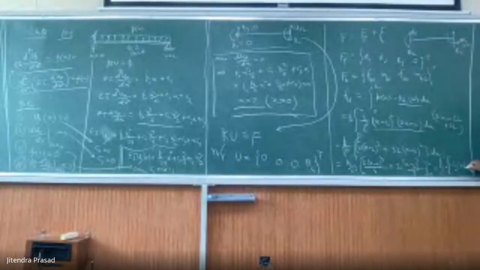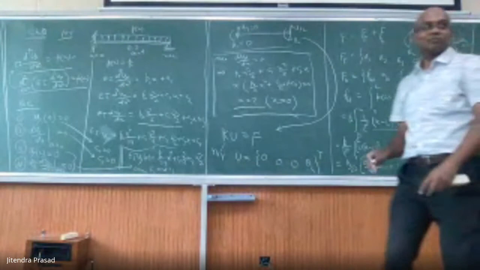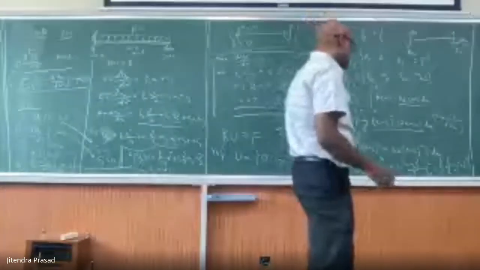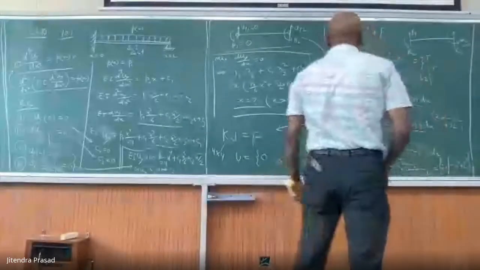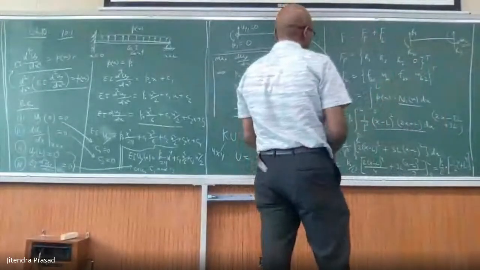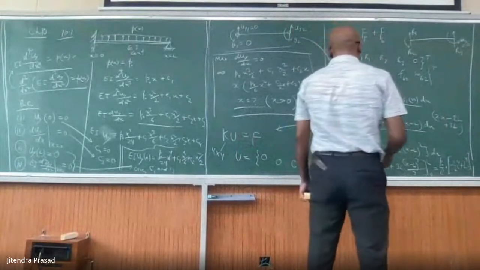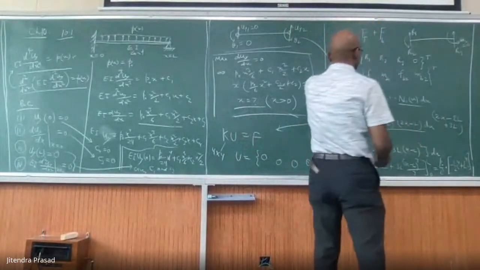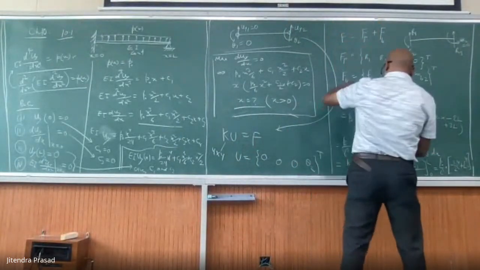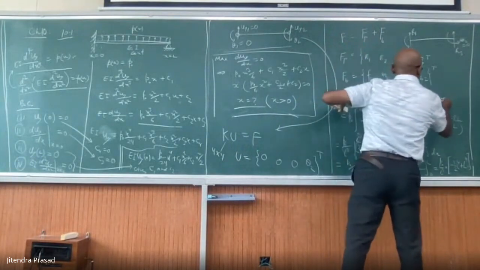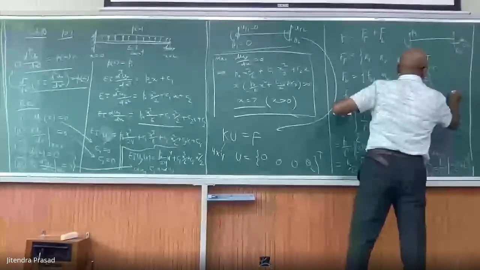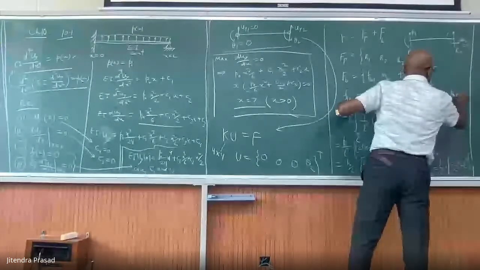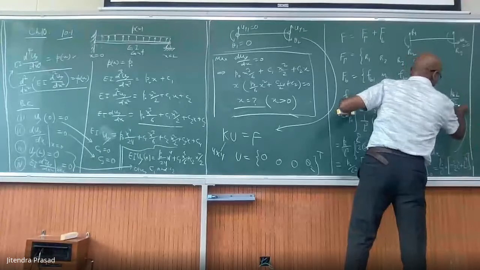Should be L4 only, otherwise we want half, right? So what you get? P naught L over 2. That's what we wanted, right? So this is nothing but we get this guy. So basically we are getting this equal to P naught times L over 2, and that we are getting from here.